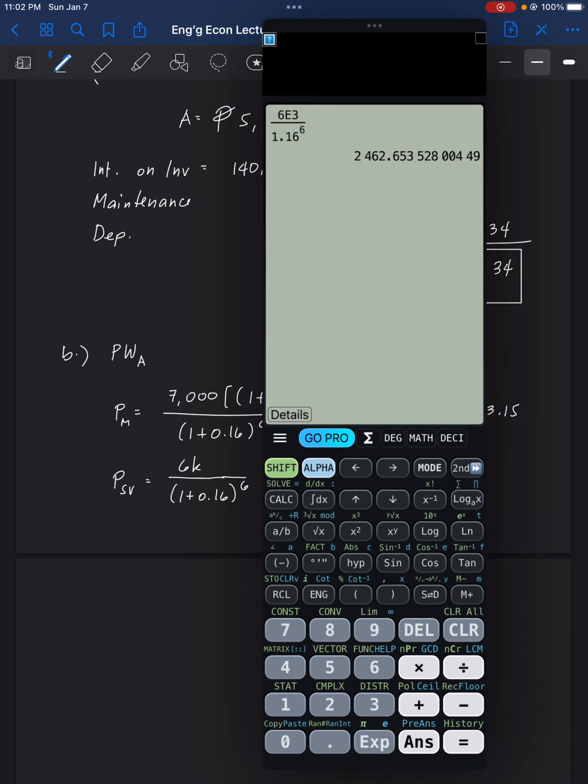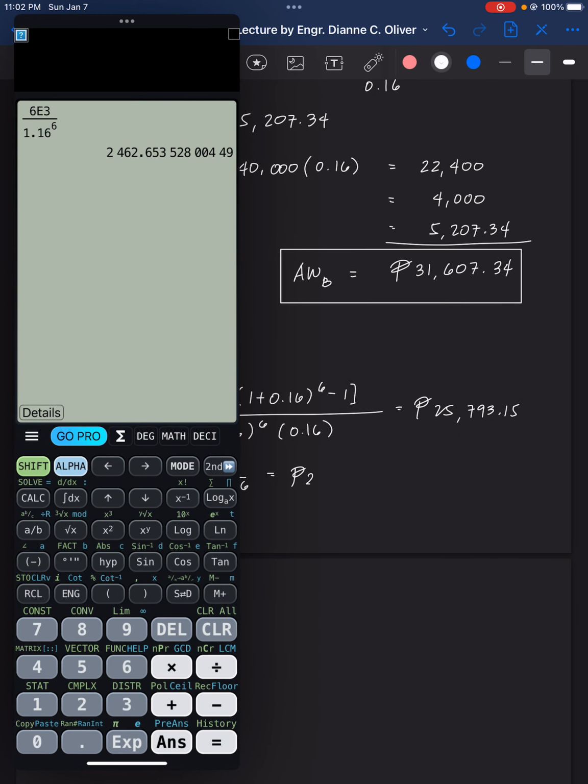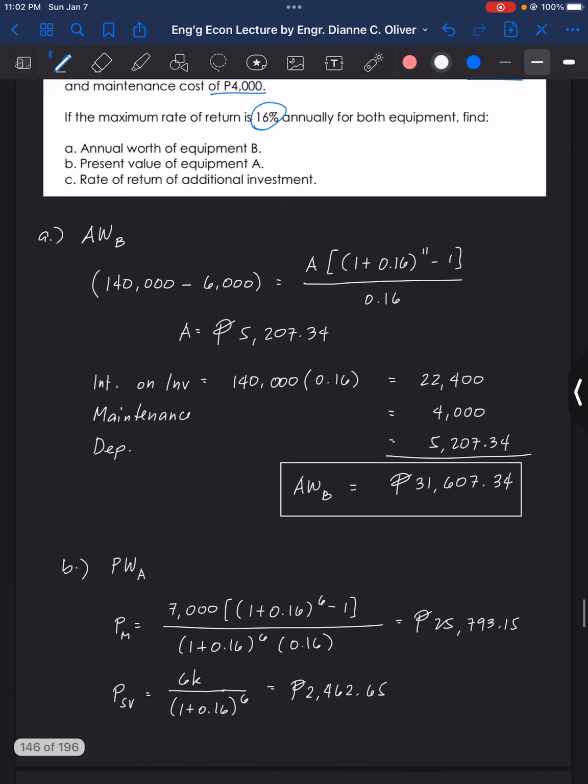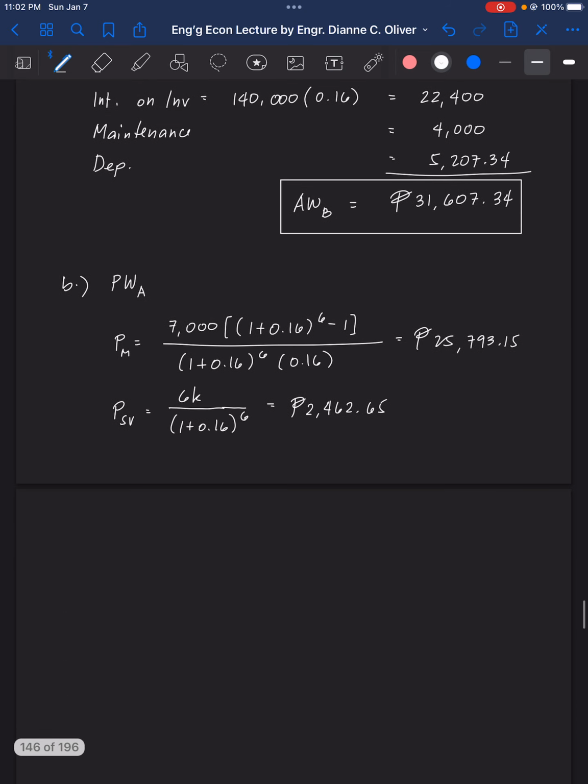So that is 2,462.65. And then the first cost here is 60,000 pesos. Therefore, present worth of A is equal to 60K plus P maintenance plus P salvage value.